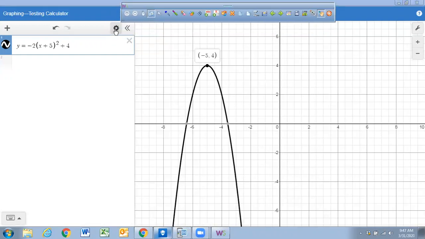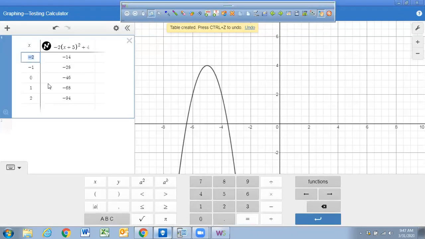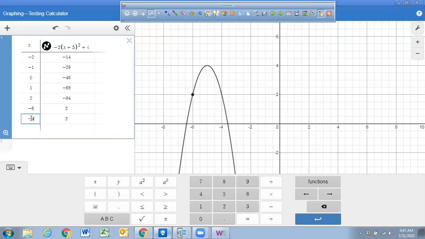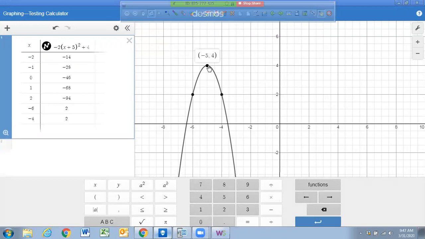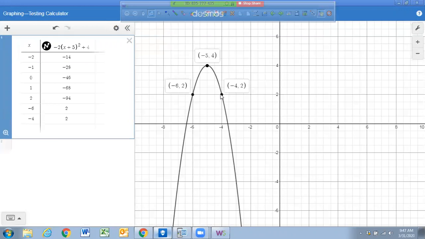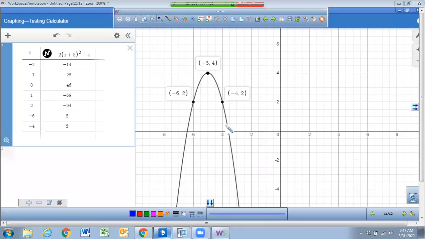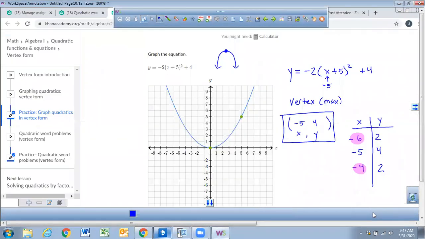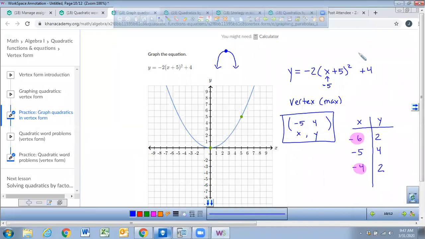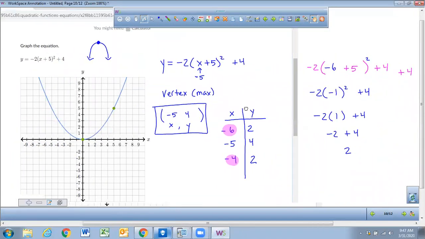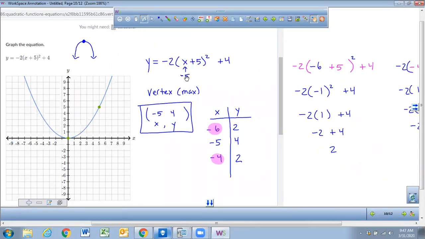Go over here to the gear symbol, you make your table, and I'm going to type negative 6. I'm going to type in a negative 4, and you should be able to see those points that we found. I'm going to take a screenshot of this. These were the points that I found using Desmos. These were the points I found working through it by hand. All I was doing was plugging numbers into my equation.